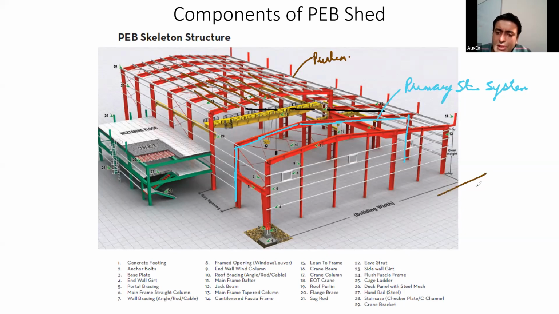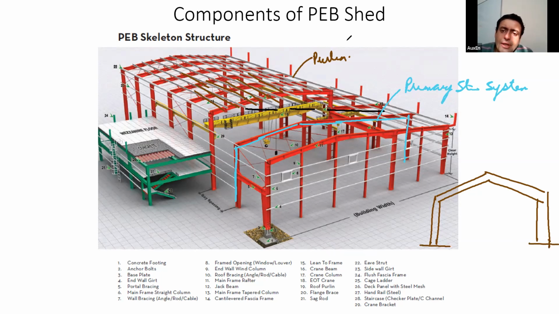So basically, this would be my portal. I'm trying to draw a sectional view. These brown colored lines that I have drawn are my portal. Then you need to cover it, you need to wrap it up. So to wrap it up, we will use sheeting. This green that I'm drawing is my sheet.